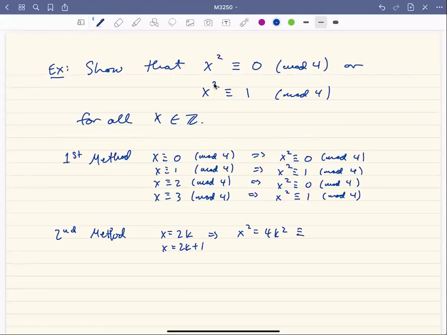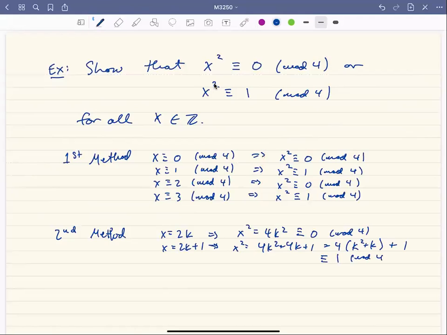And so that'll be congruent to 0 mod 4. And likewise, if x is odd, that means x squared is going to be 4k squared plus 4k plus 1. In other words, this will be a multiple of 4 plus 1. So this will be congruent to 1 mod 4.